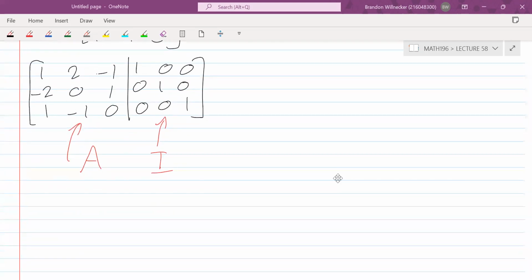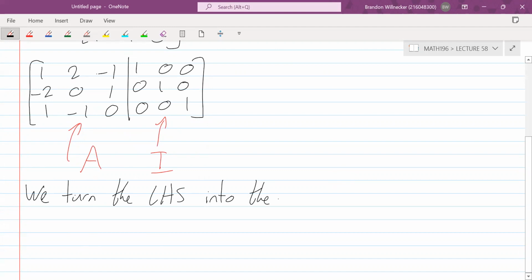So what we need to do is get this left-hand side to look like the identity matrix, and then the right-hand side will become the inverse. So we turn the left-hand side into the identity matrix using row operations.